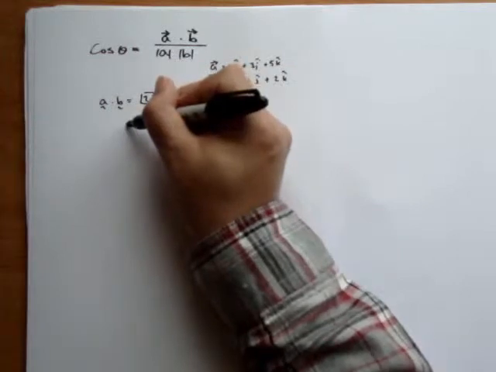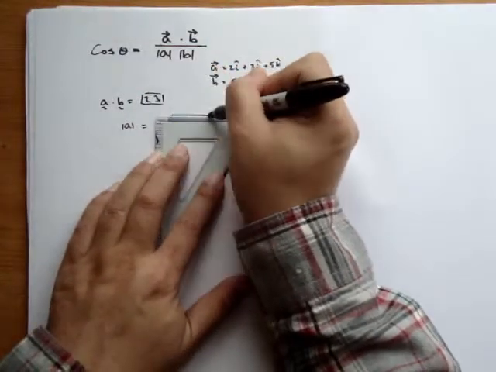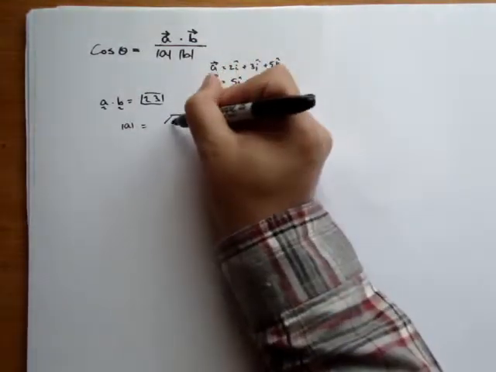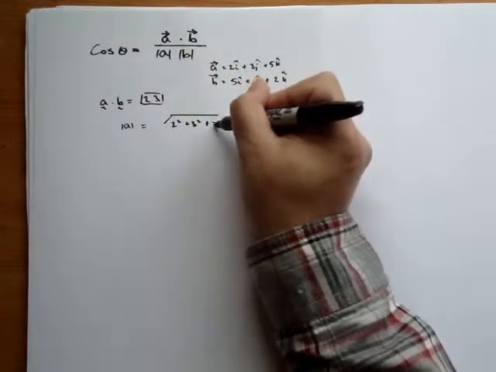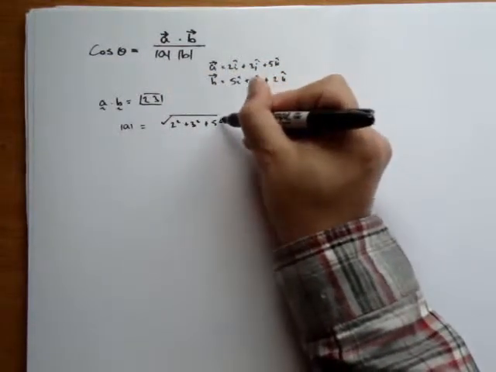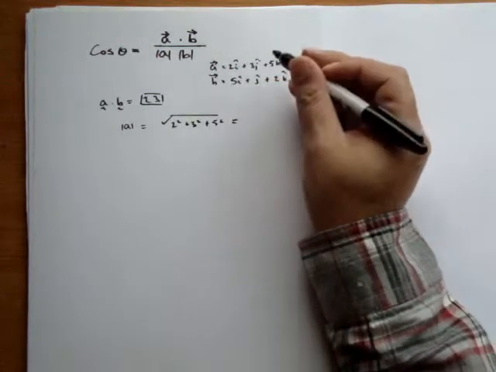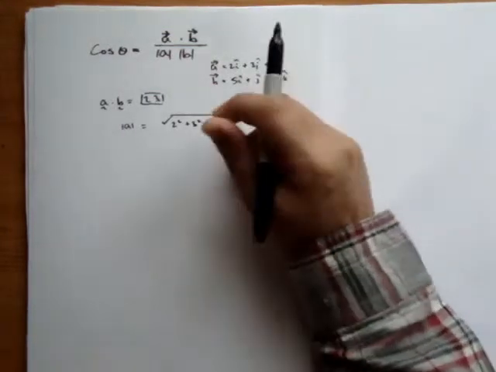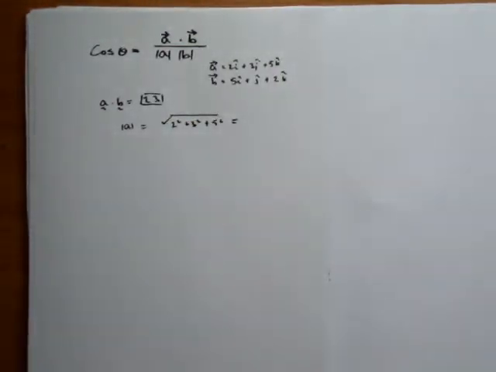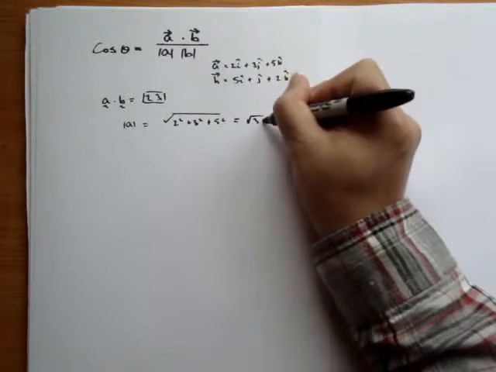So our magnitude of A is the square root of 2 squared plus 3 squared plus 5 squared, and this is the square root of 38.